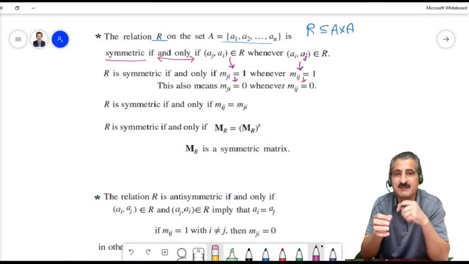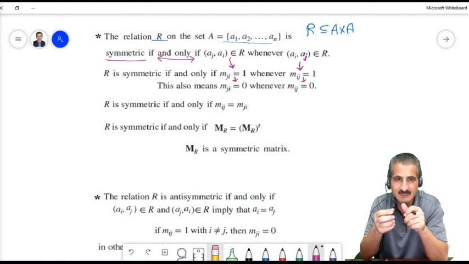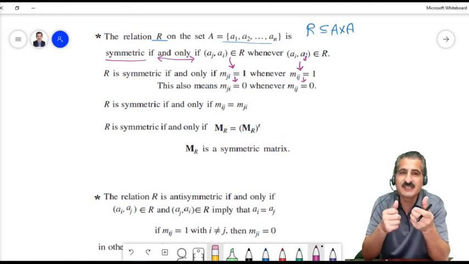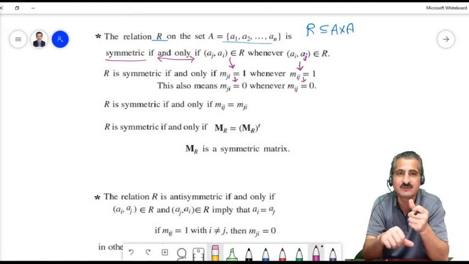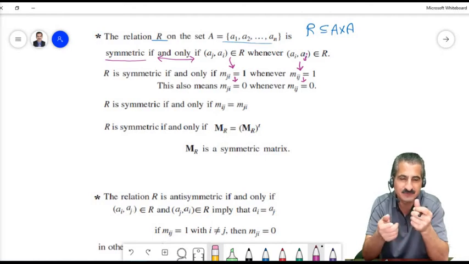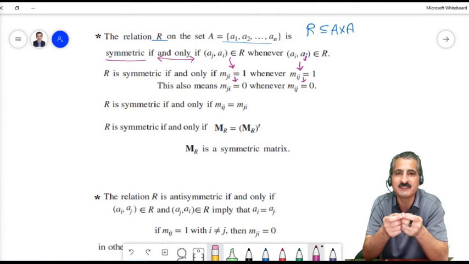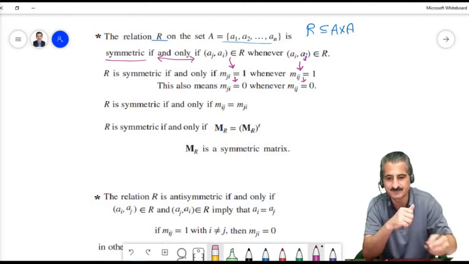That means if M_ij is 1, then I must get M_ji is 1. But also it means if a_j is not related to a_i, then we also must have that a_i is not related to a_j in order to have symmetric. But having a_j not related to a_i means M_ji is 0, and then we must have that M_ij is 0 also.